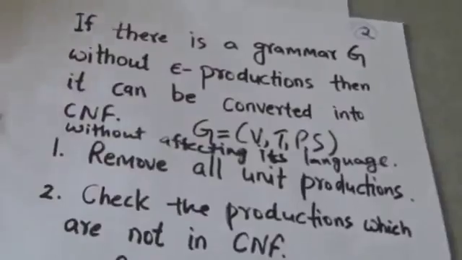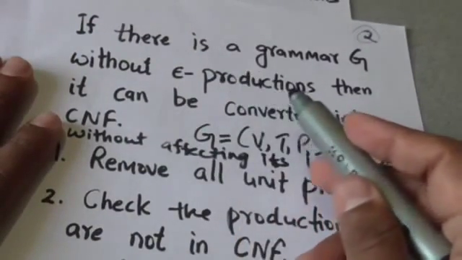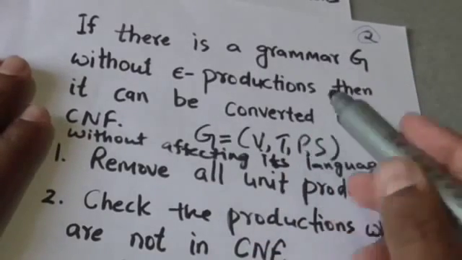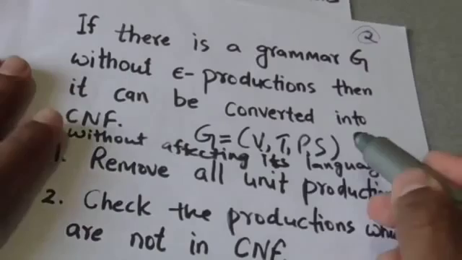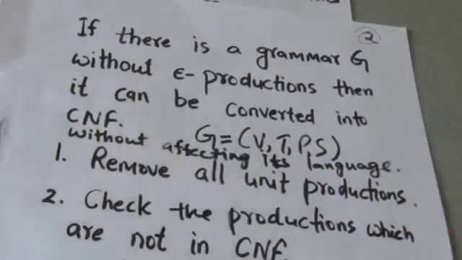Now suppose if there is a grammar G without empty productions, then this grammar G can be converted into Chomsky normal form without affecting its language. Now suppose there is a grammar G defined by a quadruple V, T, P, S, where V is the set of variables, T is the set of terminals, P is the set of productions, and S is the start symbol.